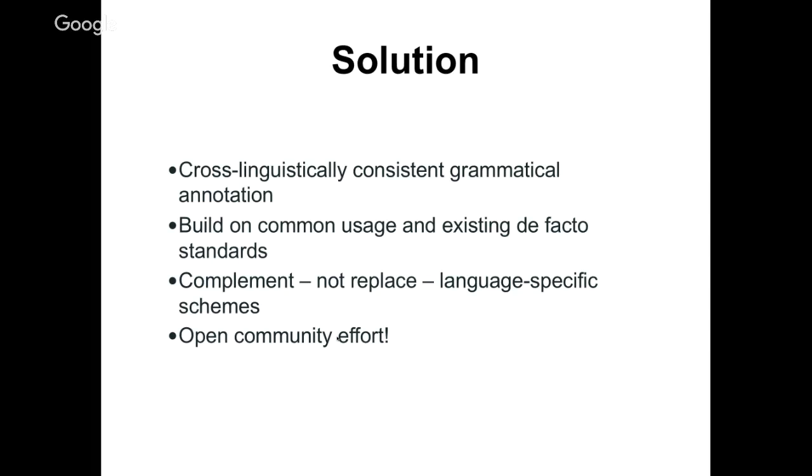And universal dependencies is an open community effort, which means that there is no one defined and funded project, but people are free to contribute to universal dependencies with their data, with their contribution, with their ideas, also modifying the annotation guidelines or proposing changes to the guidelines.